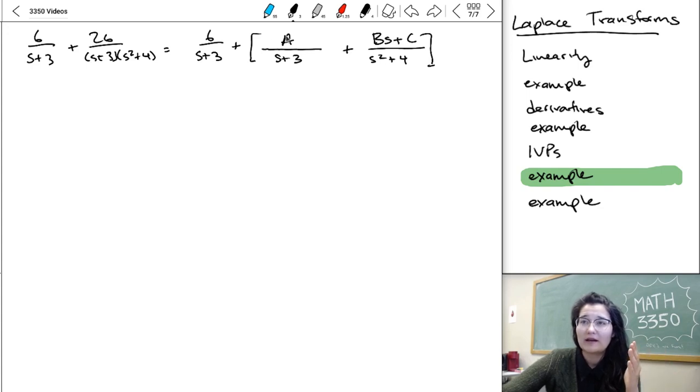So when I recombine these fractions, I multiply A by that and Bs plus C by that. And so in order for A times s squared to have something to balance with, I need Bs times s to give me Bs squared. That's how I know that I need to go up to having an s in that term. And then once you know the higher, you add everything below it.